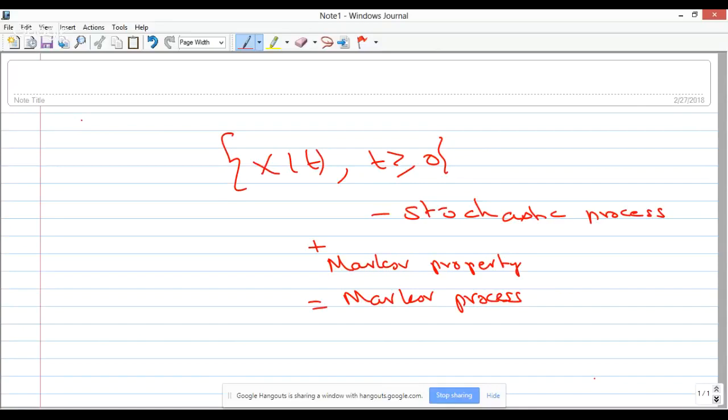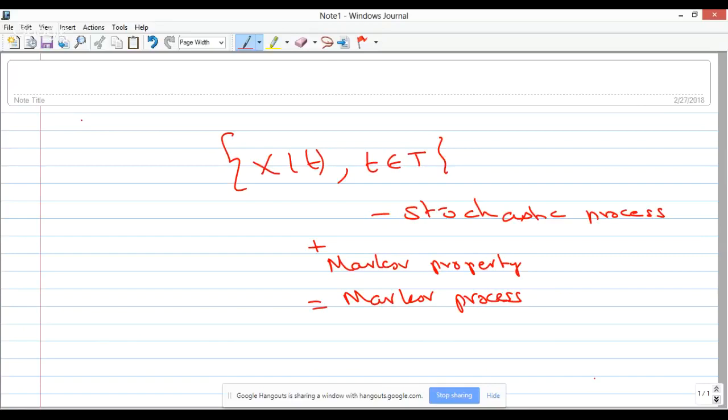Here I am not making any assumption about whether the parameter space or state space is discrete or continuous. Maybe I can rewrite this as t belonging to capital T, so that it is very clear. A given stochastic process having the Markov property is called a Markov process.